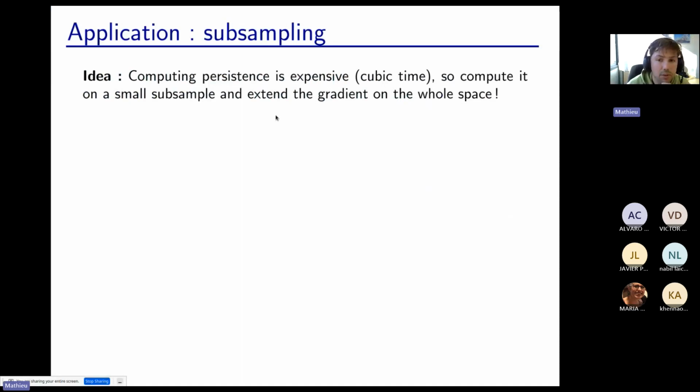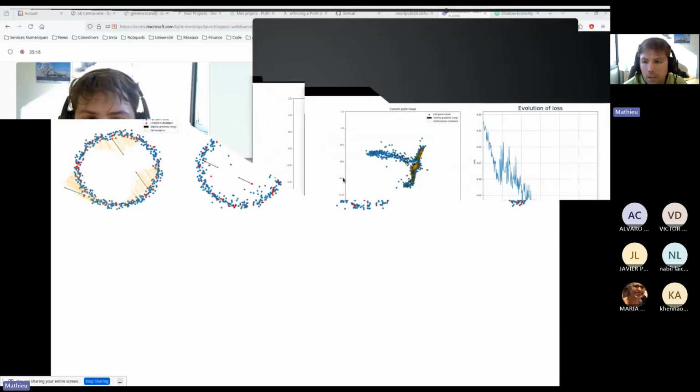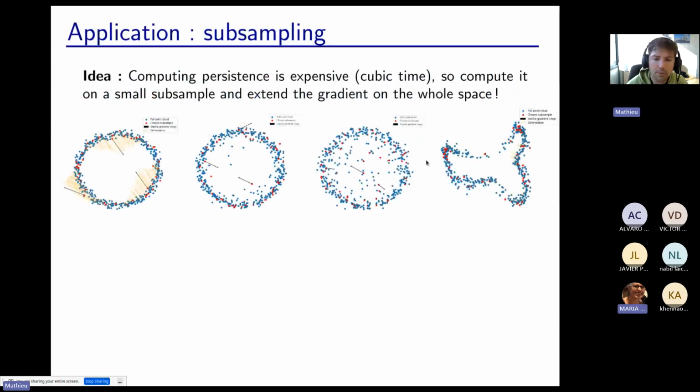What's nice about diffeomorphism is that we can do the same, compute a subsample, but then extend the gradient on the subsample to the whole space, instead of just moving the critical points of the subsample. This is the exact same example I was showing before, except that the gradient iterations here are super fast because they're computed on a very small subsample, the red points of the circle.